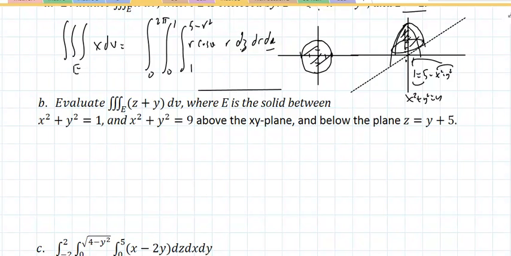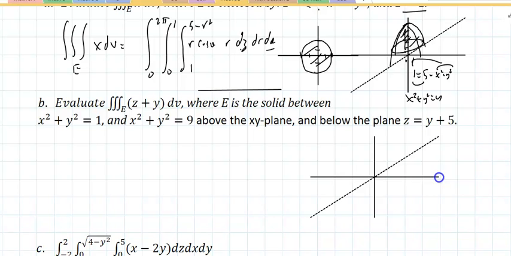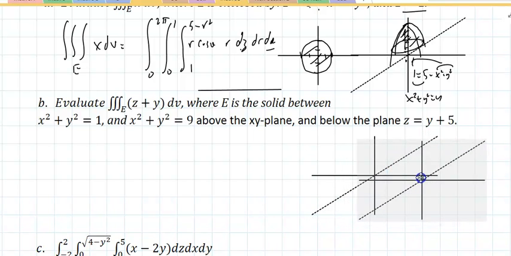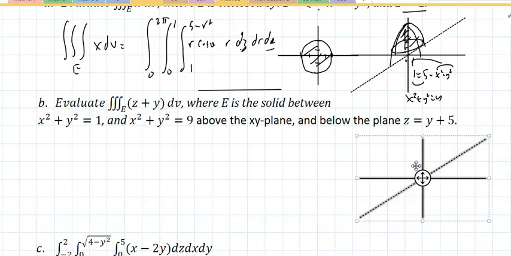How about this problem? What are they talking about? They want a circle between 1 and 3. So they want this region.